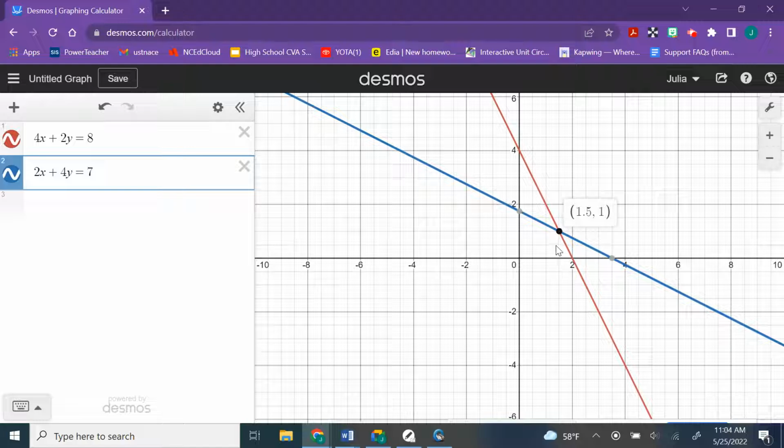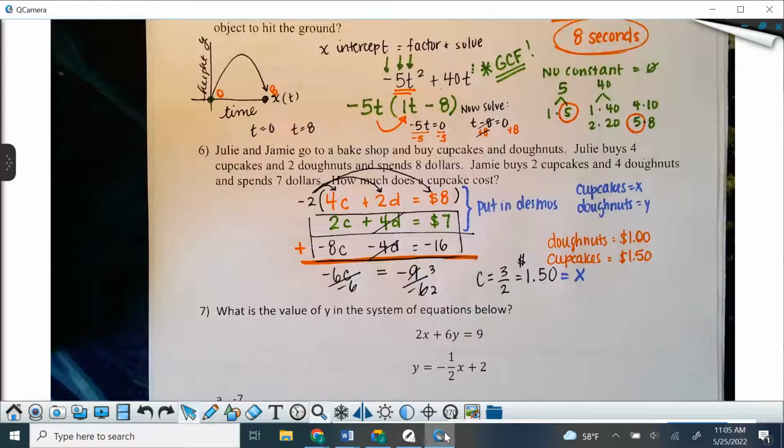And we have 1.5 and 1, which means that we also now know that donuts cost $1 because we know Y is donuts, and then your cupcakes cost $1.50. So if setting up the equation is not the problem, and it's just the solving that we run into issues with, probably 80% of the problems that you're going to see like this are going to be on the calculator active portion. So put it in the calculator and look for the intersection, and then you're ready to go.